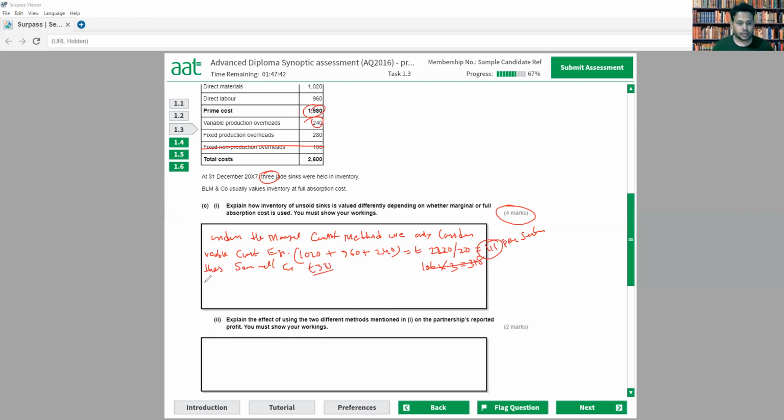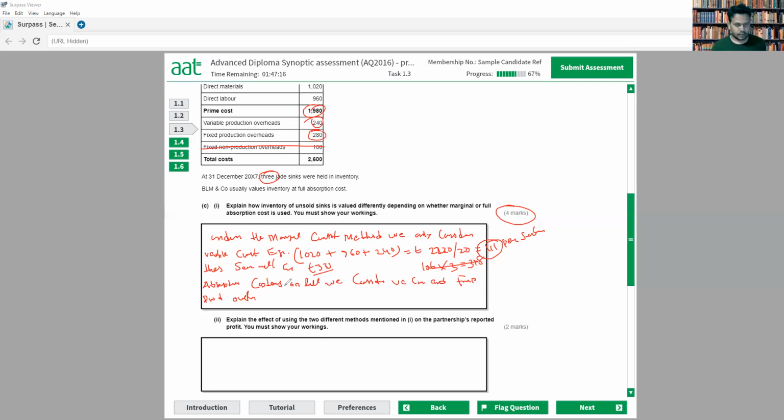For the absorption one, we're going to say under the absorption costing or full costing, we consider variable cost and fixed production overhead, that is 280.